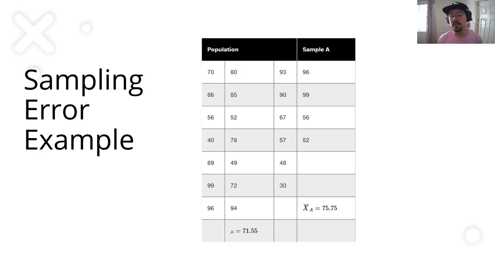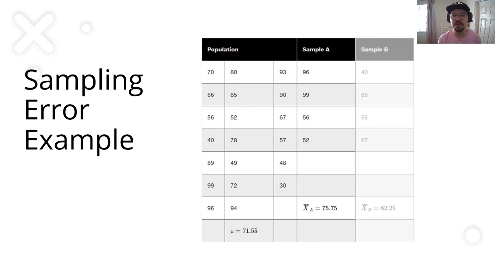Now when I take those scores and I add them together and divide by how many there are, I end up with a sample mean of 75.75. And you can tell that 75.75, the mean of sample A, is not the same as the mean of the population. The mean of the population is 71.55, right? So the mean of sample A is not exactly the same as the mean of the population.